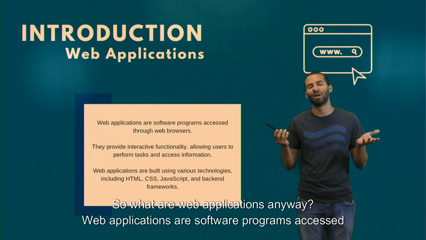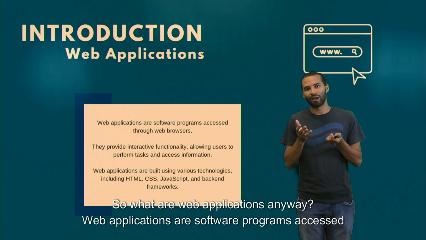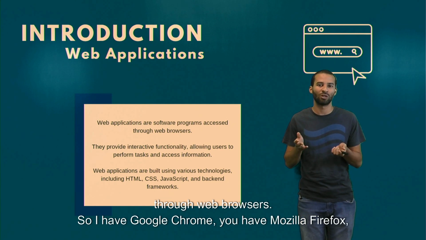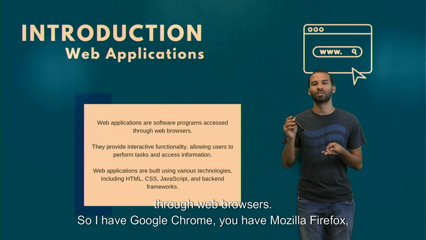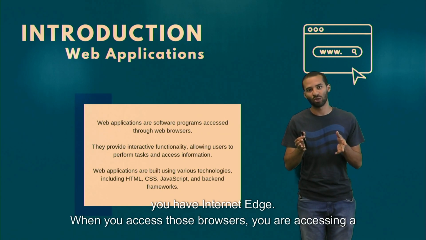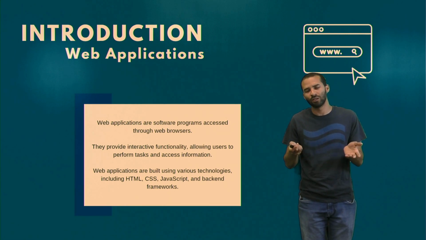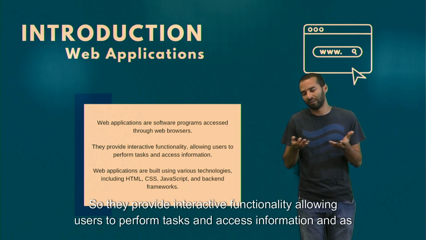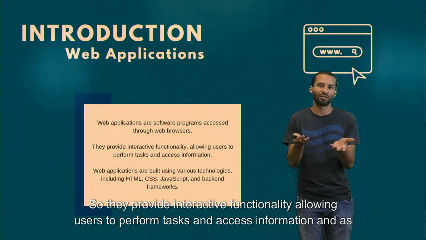So, what are web applications anyway? Web applications are software programs accessed through web browsers. So you have Google Chrome, you have Mozilla Firefox, you have Internet Edge. When you access those browsers, you are accessing a web application. They provide interactive functionality, allowing users to perform tasks and access information.